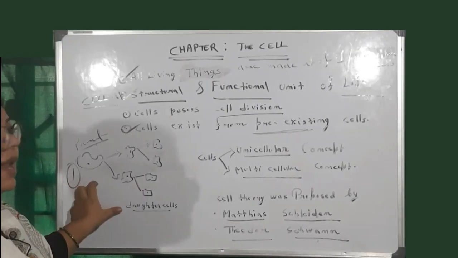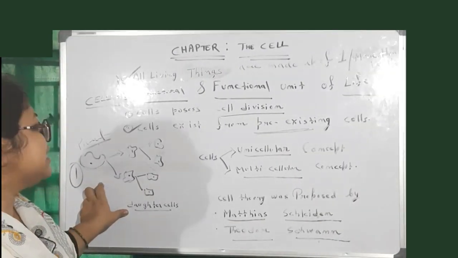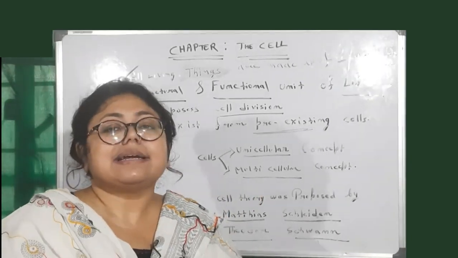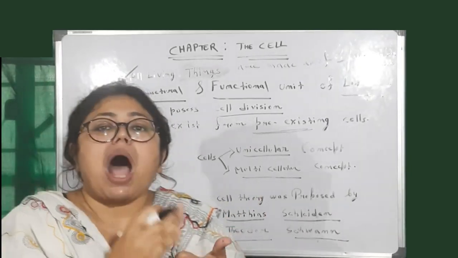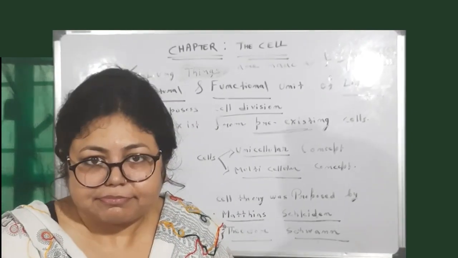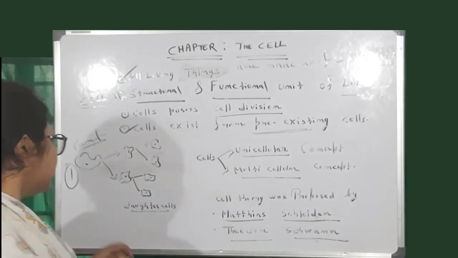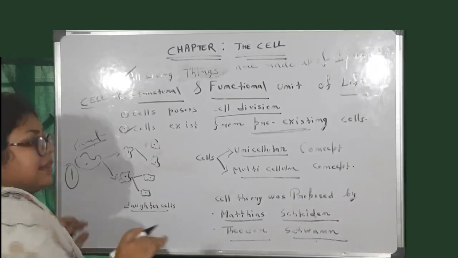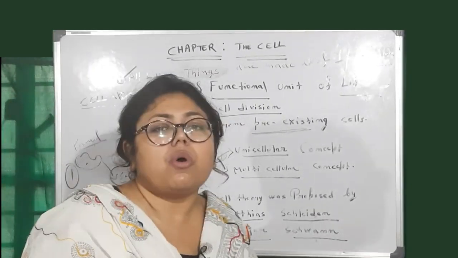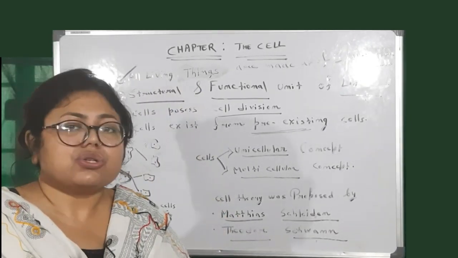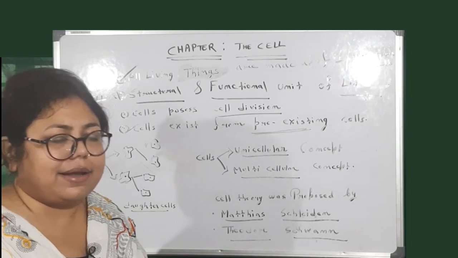So in the parent cell, we see a very unique factor of the cell: a cell has the power to divide. As you will know in the upcoming videos, what a nucleus is and what the materials inside a cell are, we will know that in later videos.